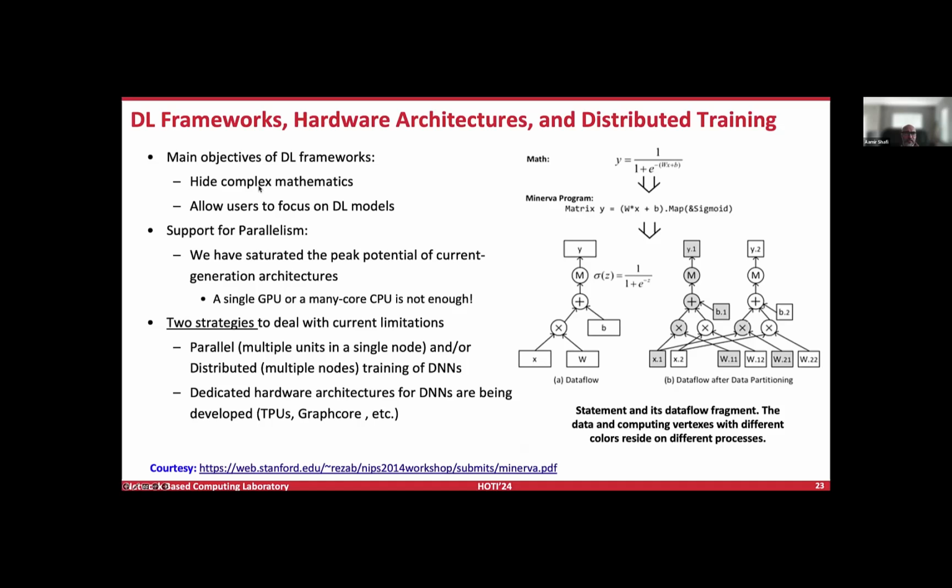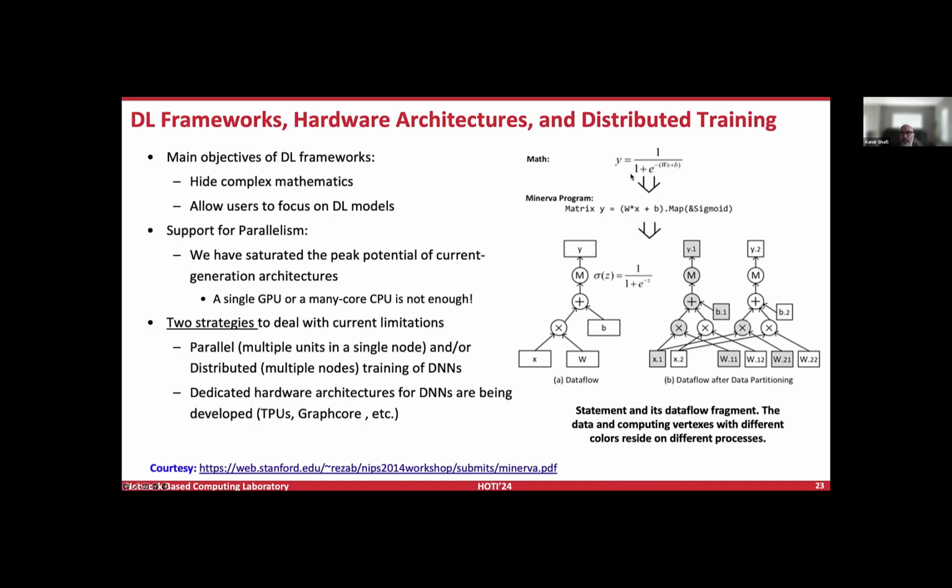So what are the main objectives of DL frameworks? These hide complex mathematics and allow users to focus on DL models. For example, we talk about logistic regression or linear regression. This is how the mathematical equation looks.